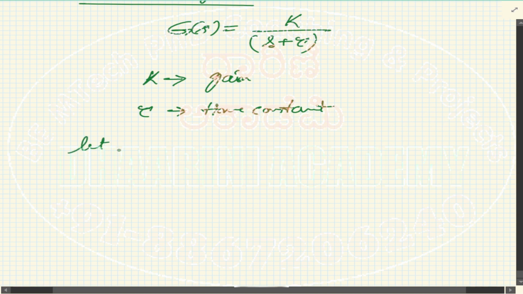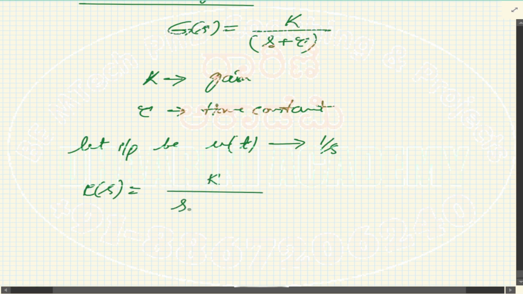Let the input be u of t, that means the Laplace will be 1 by s. So calculate the system's response: c of s is equal to g of s into r of s, that is k divided by s into s plus tau.